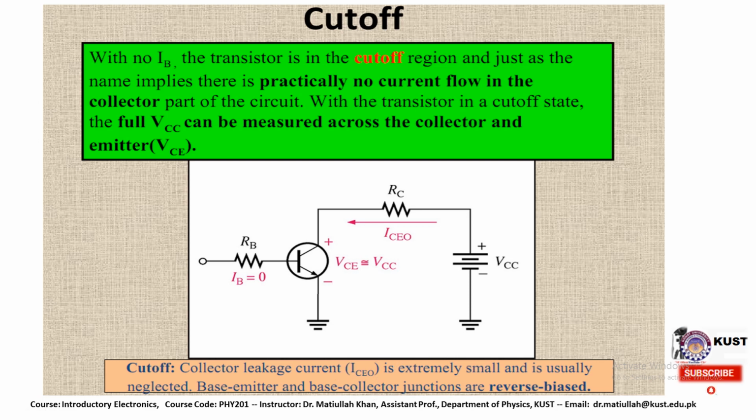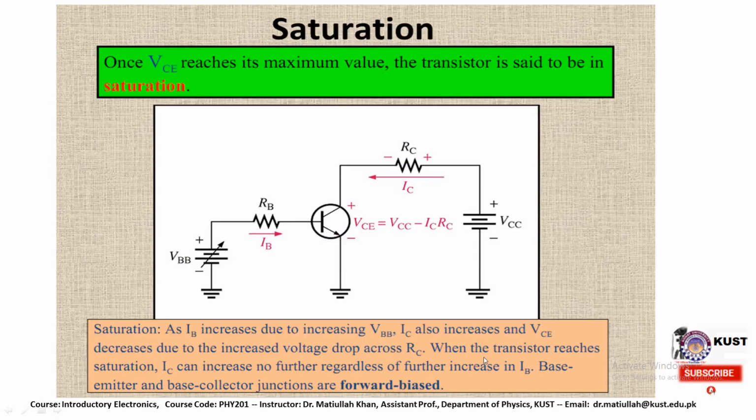If we look toward the base-emitter and base-collector junctions, they are reverse biased in this configuration. So that is why the BJT is working in cutoff mode, and there is no current across the collector.